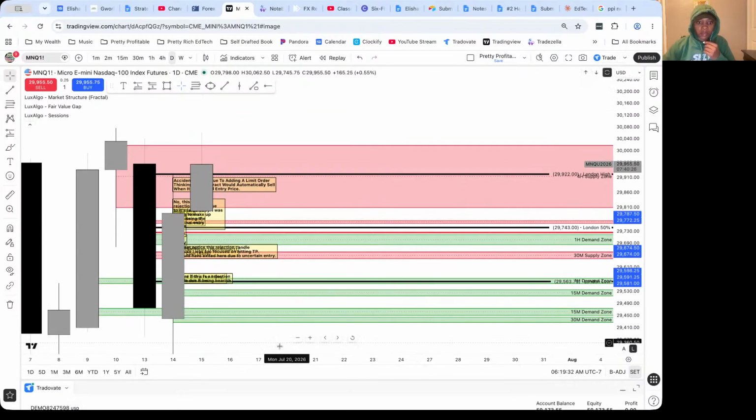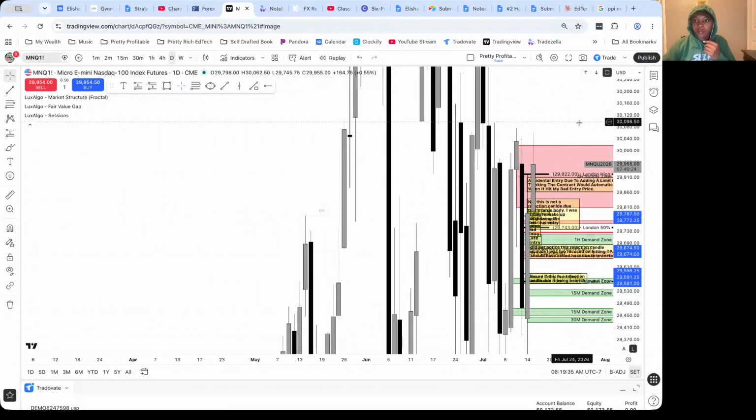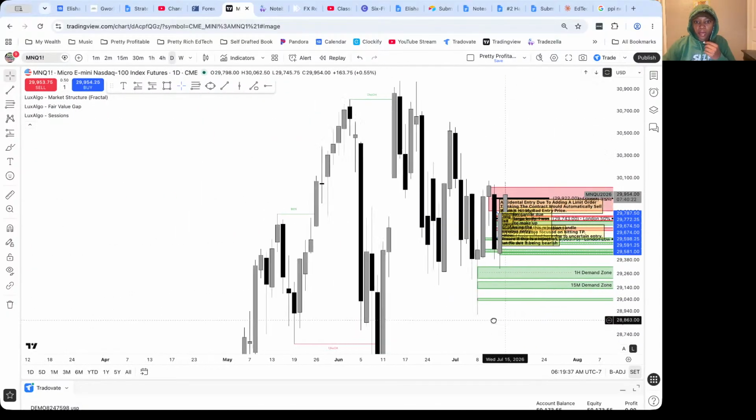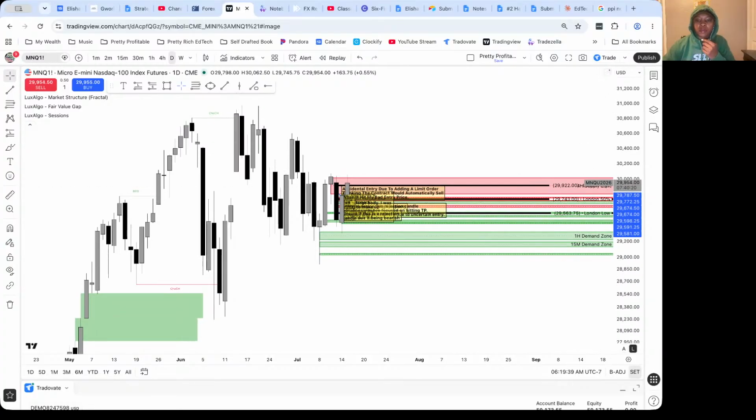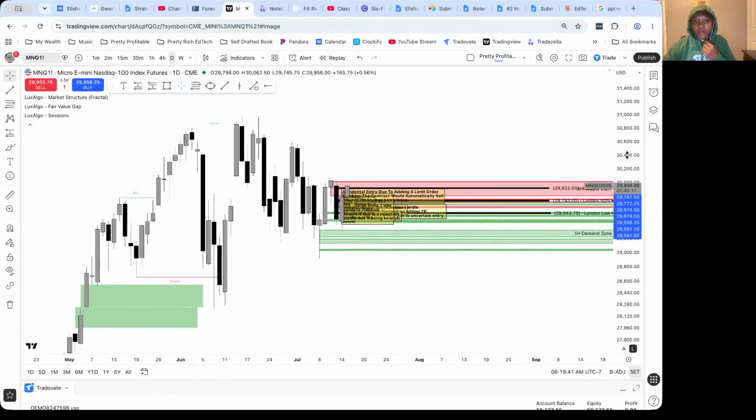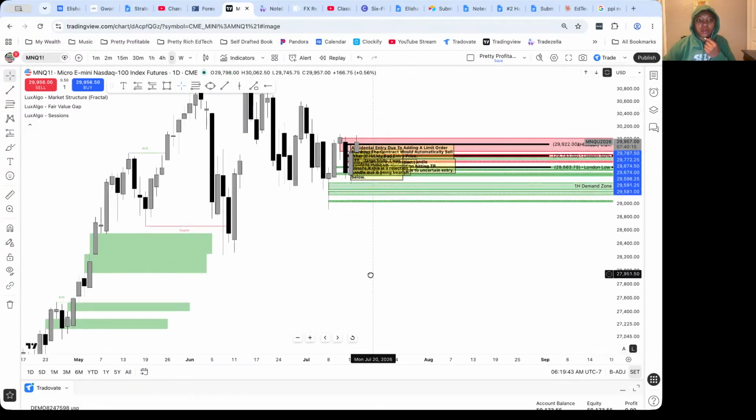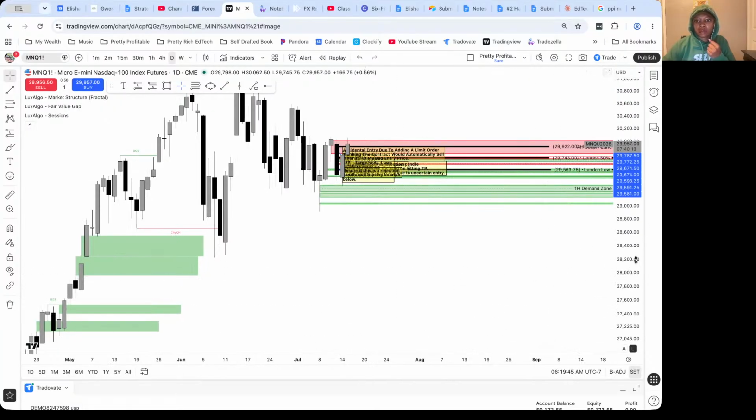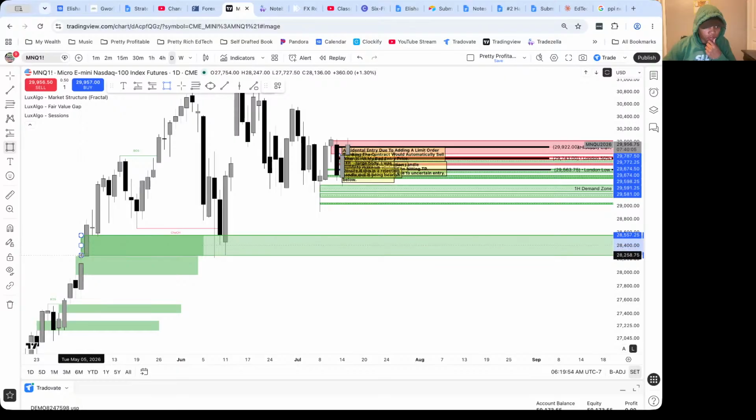Let's see if I actually need to do that. Okay, so we got 2 new demand zones. Let's mark that up. Oh, forgot.